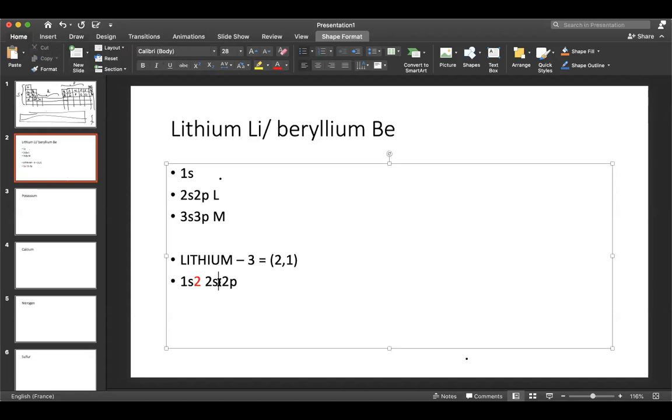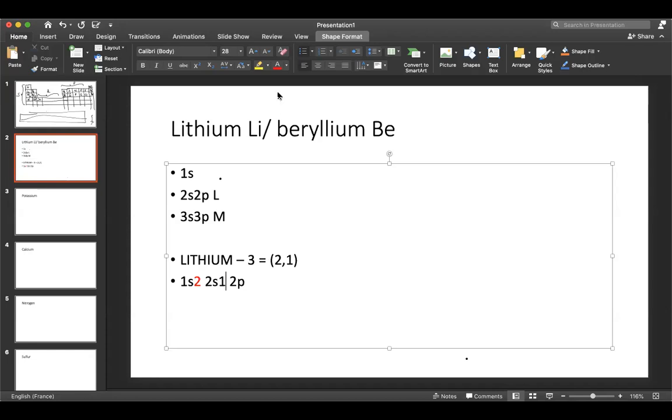Maximum 2. Exactly, it's 2. Now in this case we only have 3 electrons, and we've already occupied the 2 here. So how many are remaining? 1. There's only 1 electron remaining.